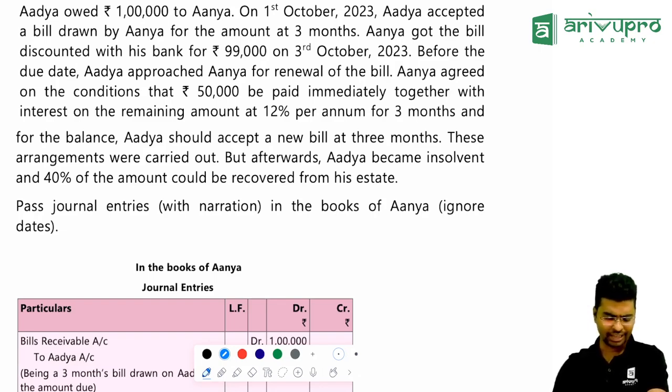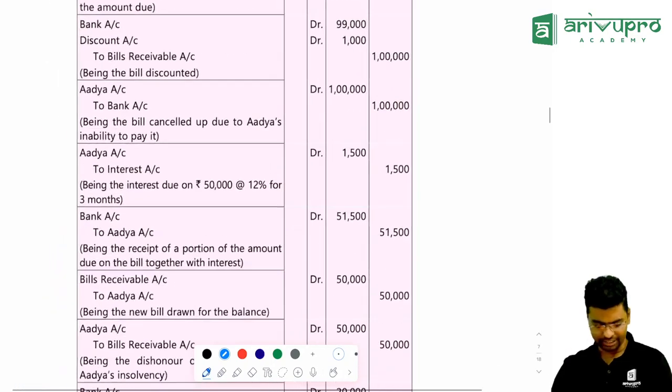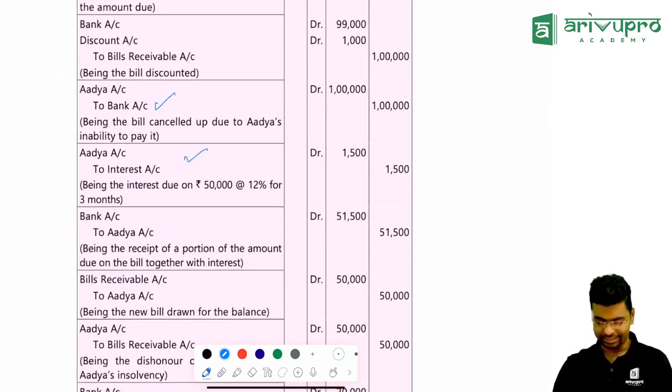Before the due date, Adya approached Ananya for renewal. Cancel the old bill. Add the interest. I think this question was done with the same names or different names. I think the amounts are also the same.